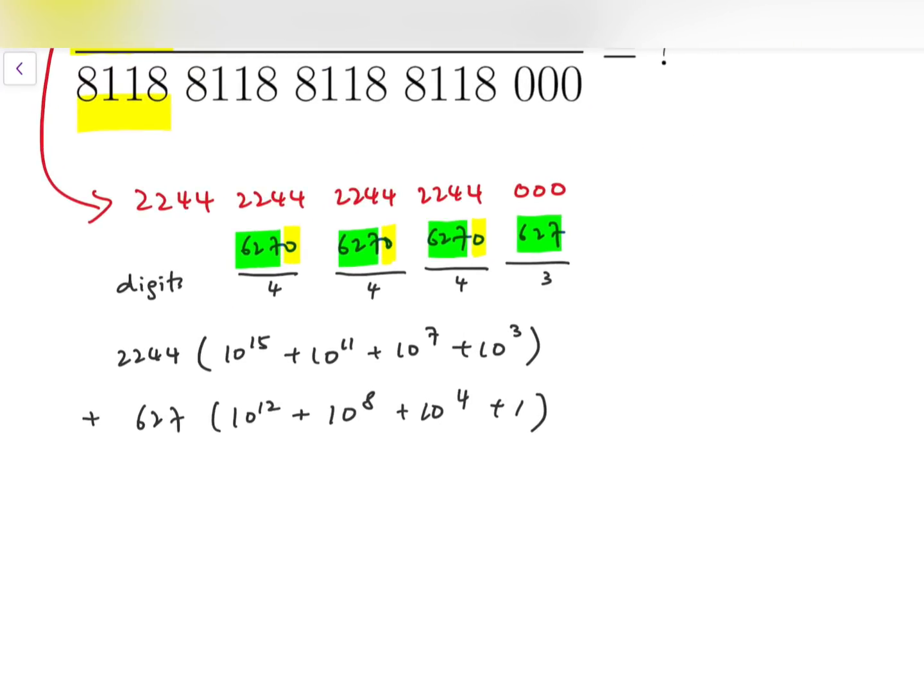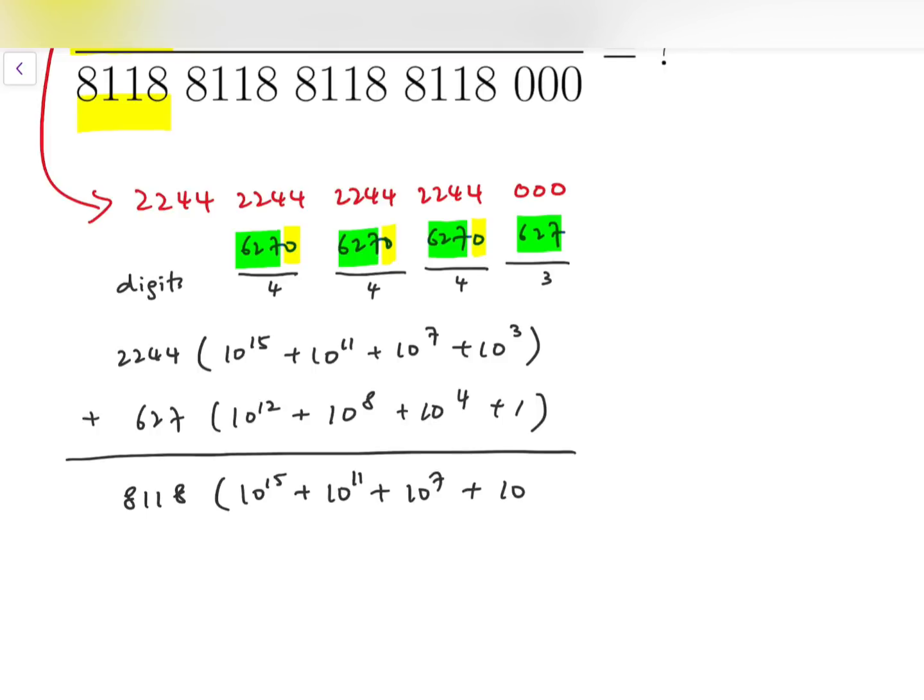While for the denominator, we can do something similar, which is 8118 multiplied by also power 15, power 11, power 7, and power 3.